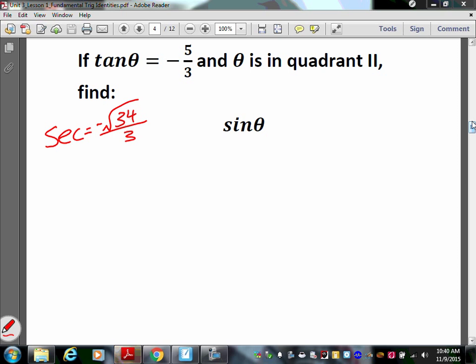So we know tangent and we know secant, but you're assuming that the angle is one of our special angles. So we have to use this tan equals negative 5 over 3 for all 6 of them to figure it out. But we now know secant. So I'm gonna do something different.